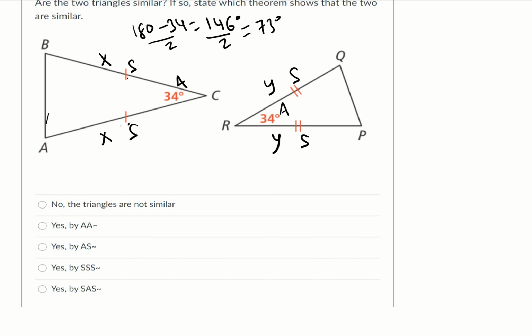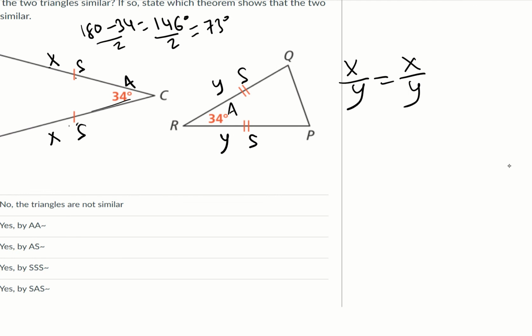And so if these are similar, then that means if I take the ratio of X to Y right here, so I take X divided by Y, because clearly this side has to do with that side, and then this side has to do with that side. So X over Y is equal to X over Y. And so this is true, right? So because this is true, this means that those two sides are proportional to one another.